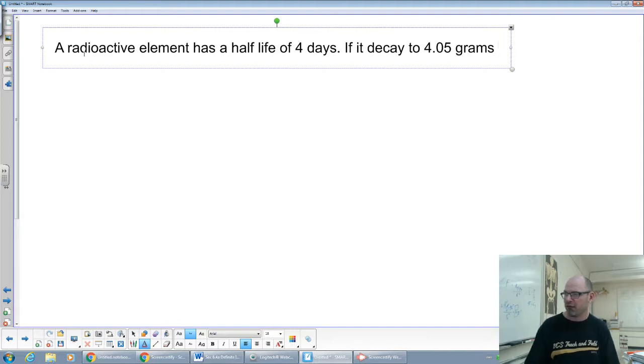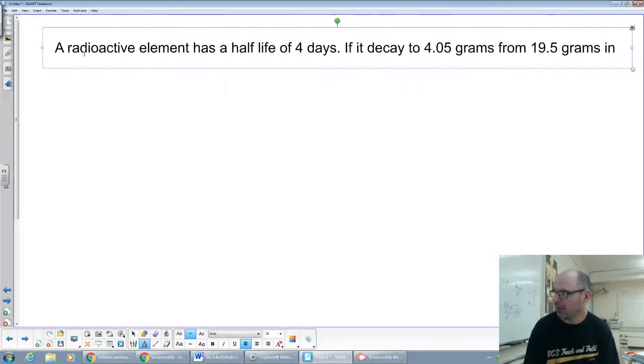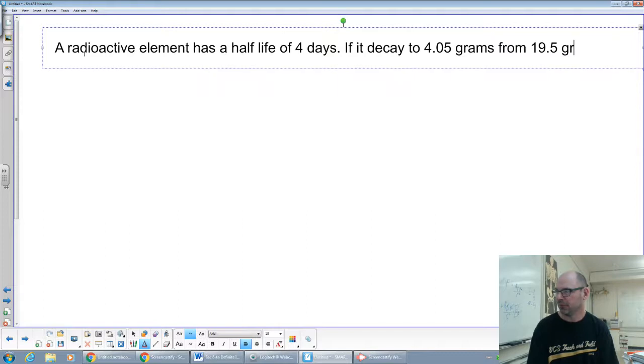So if it decayed to 4.05 grams from, let's say, 19.5 grams, in let's say 90 days, what was the original, or I screwed that one up. Sorry guys.